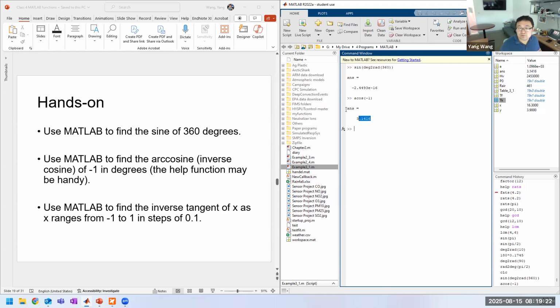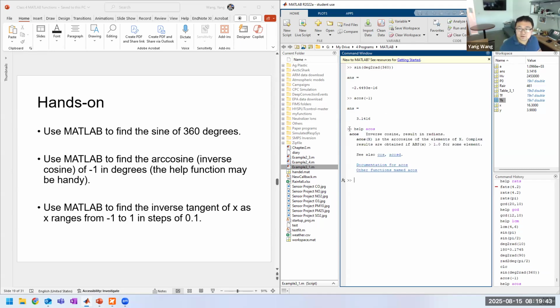It's actually giving you the pi value, right? Because we know that cosine 0 is 1 and cosine pi is -1. So it's inverse cosine of -1. You're going to get pi here, right? So you can also do help, let's say, acos.